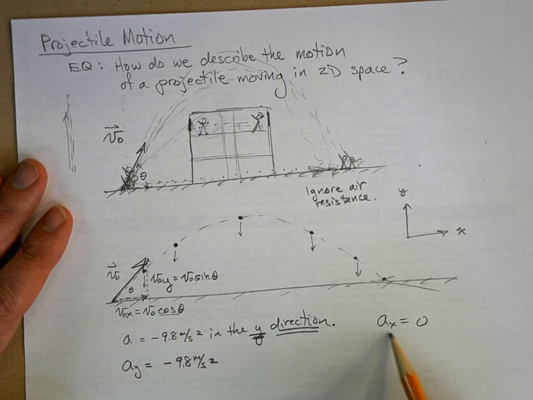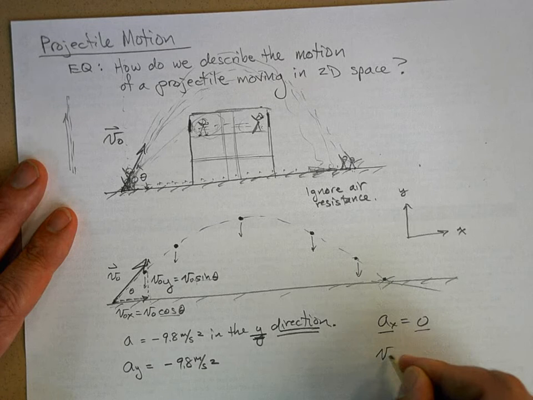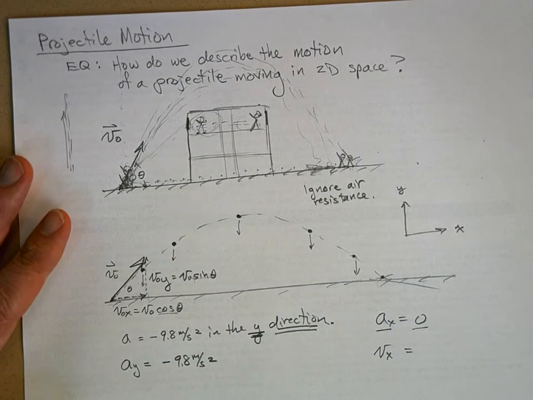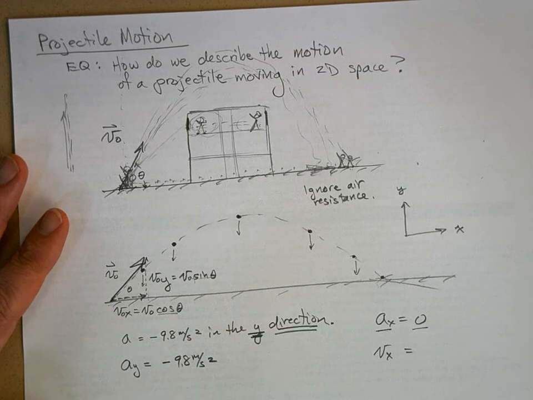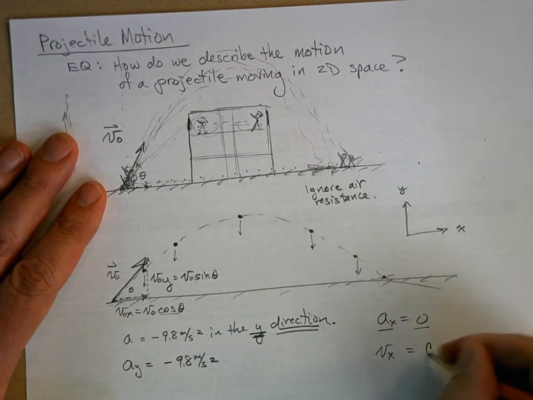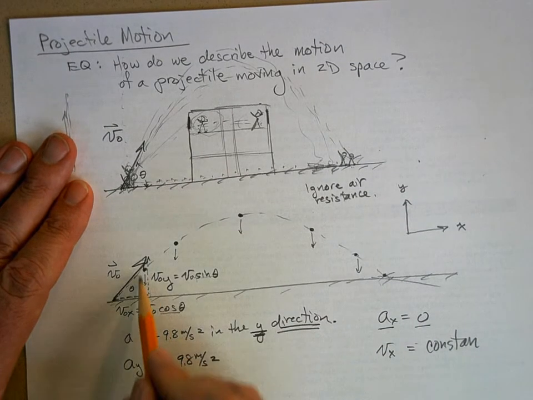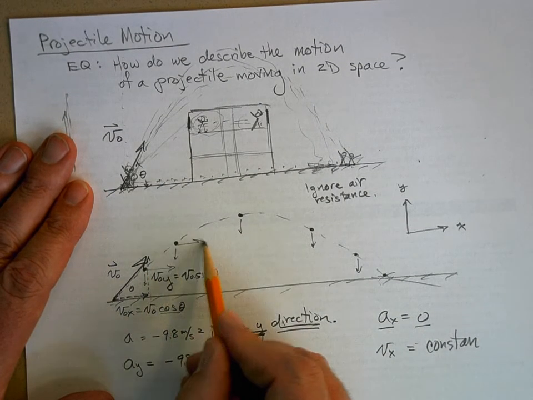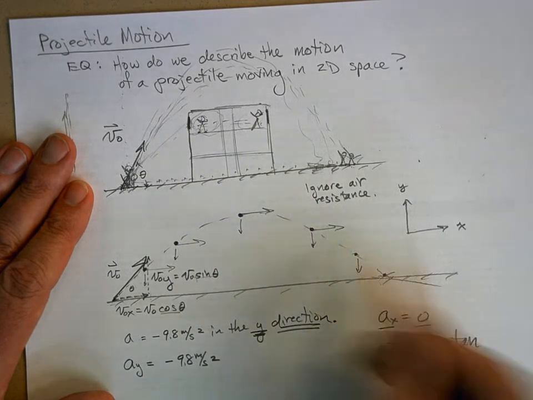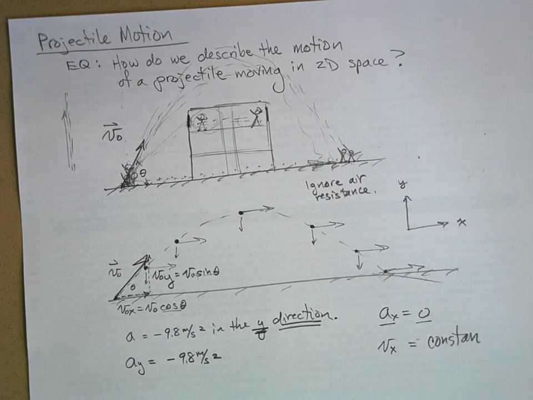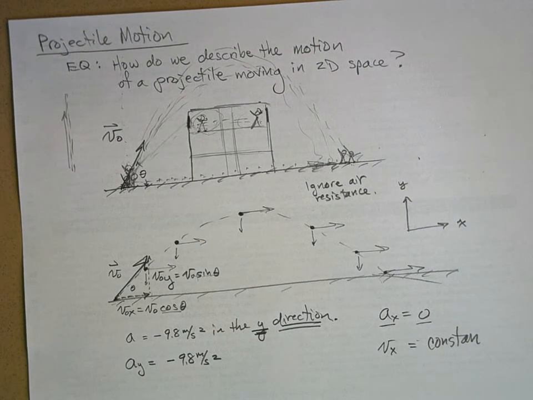Now, what does that mean? Acceleration in the x direction is 0. What does that mean is true about the velocity in the x direction? If there's no acceleration, what's true about the velocity? It is a constant. That's right. Which means that everywhere along that path, that trajectory, the horizontal velocity of the water balloon is a constant.